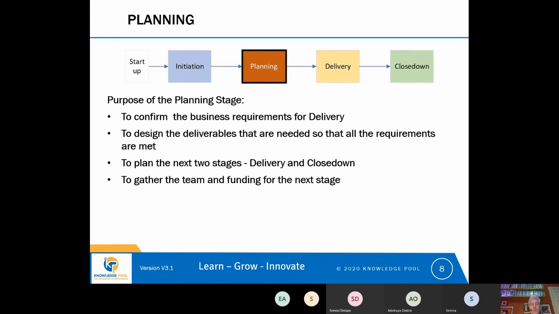So the design work that we do during the planning stage, if we're using Agile, is a high-level design for how different elements of the solution that we've identified are going to work together. For example, if we're going to buy our CRM system, we might have to do some design work as to how it will interface with our website.